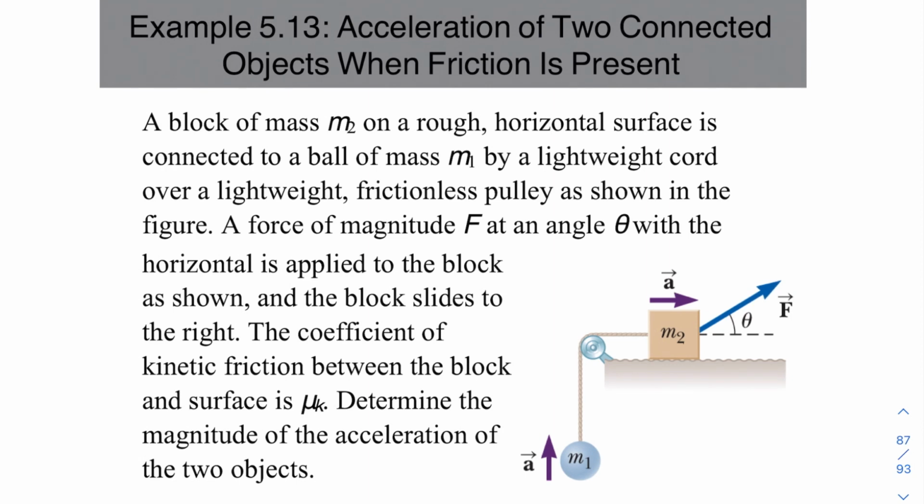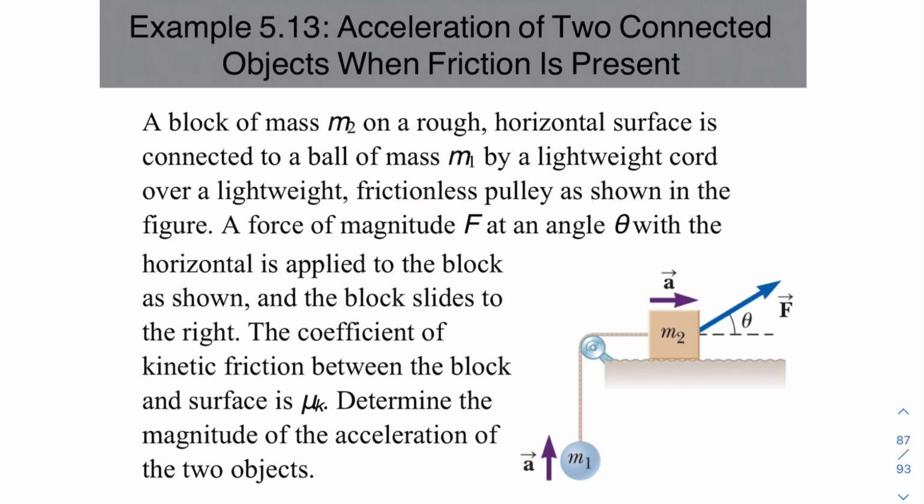Okay, last one. Example 5.13, acceleration of two connected objects when friction is present. A block of mass m2 on a rough horizontal surface is connected to a ball of mass m1 by a lightweight cord over a lightweight frictionless pulley as shown in the figure.